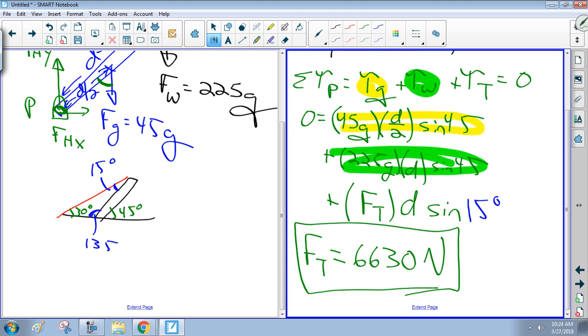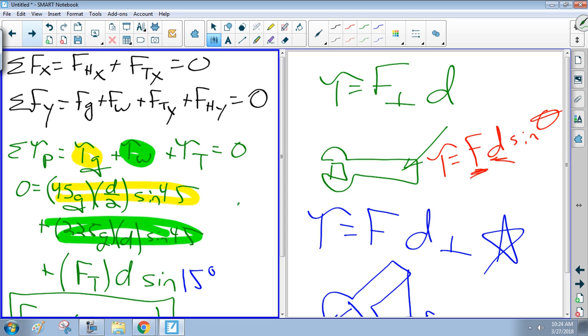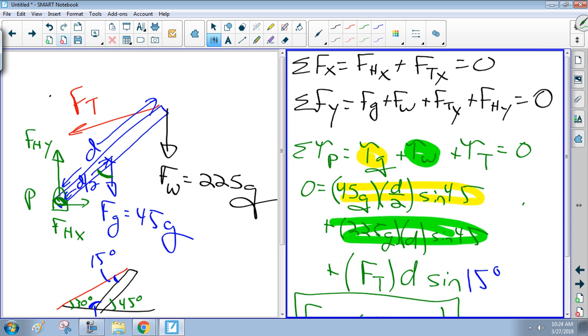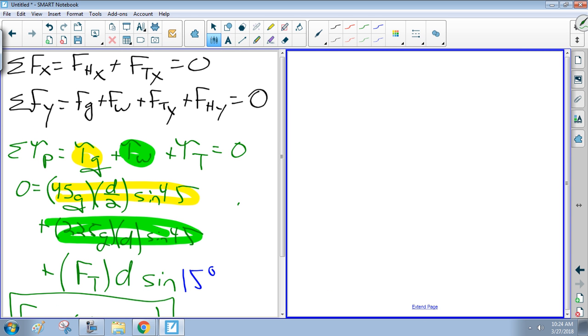So you just use your trig, right? So we just found our tension force to be 6630. We know that that was at an angle of 30 degrees to the horizontal, right?